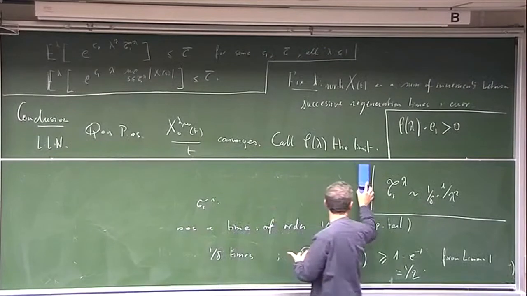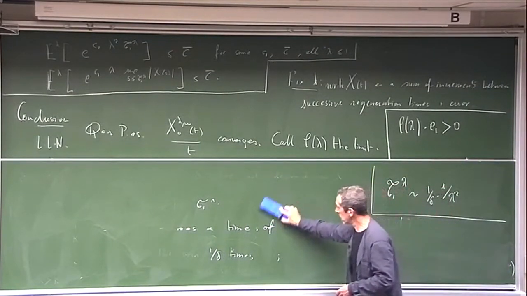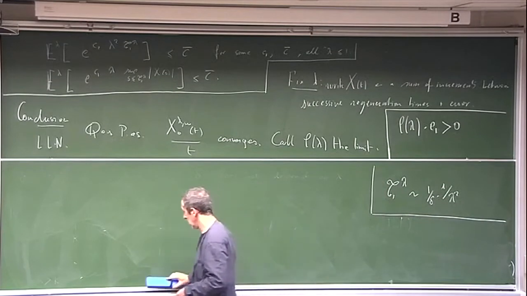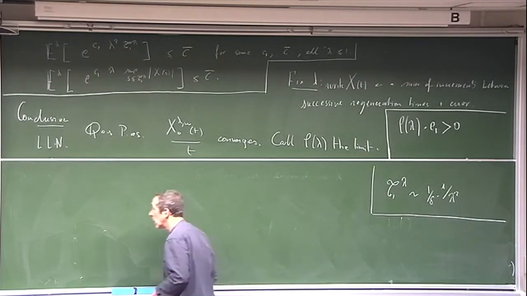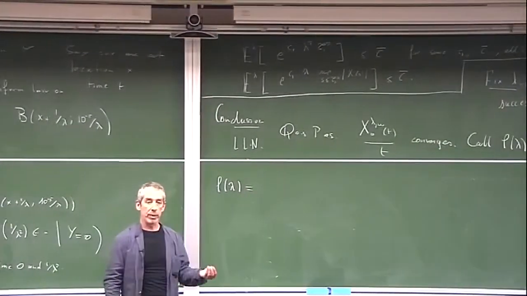Because not only do we get the law of large numbers, but we get a nice expression of L in terms of regeneration times. So we get that L of lambda can be computed in one regeneration period.